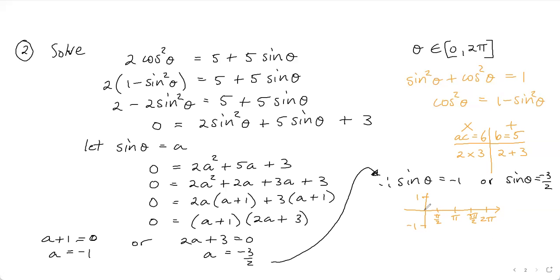So remember that sine starts at the middle, goes up to the top, back to the middle, down to the bottom, back to the middle. So your graph's going to look like that. So this is actually going to help us think through any solutions here. So here I can see the first solution here, sine theta is equal to -1 when theta is 3 pi on 2. So I'll say that.